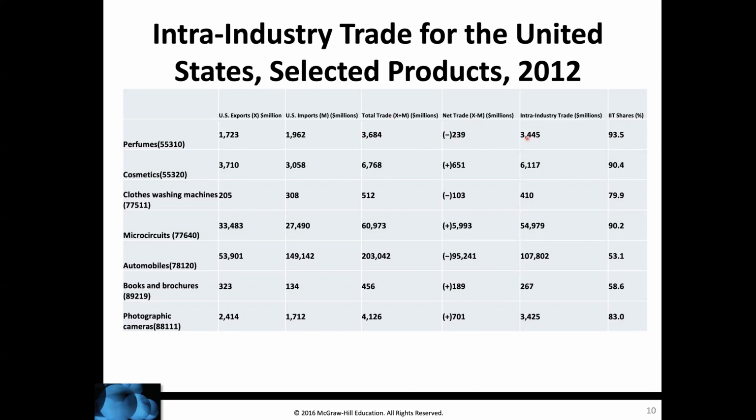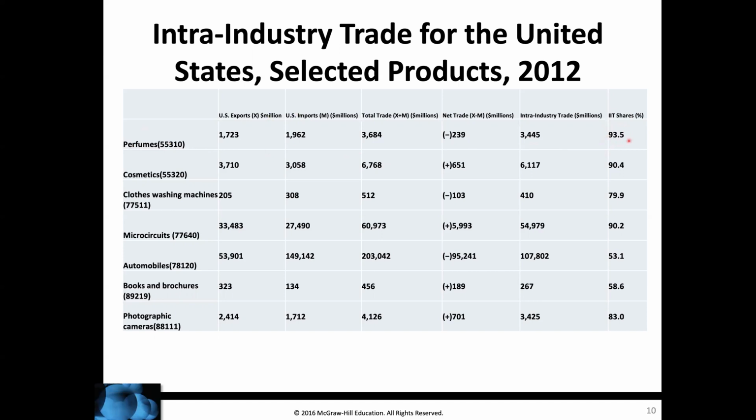So what share of our total trade is our intra-industry trade? We'd take this and divide it by this, take intra-industry trade, IIT, divided by total trade, and it gives us 93.5%. So of total trade, total trade in perfumes, 93.5% of it is intra-industry trade.